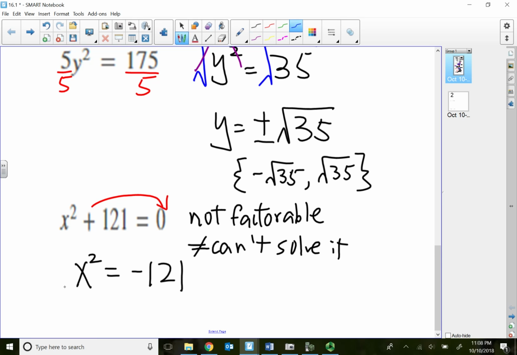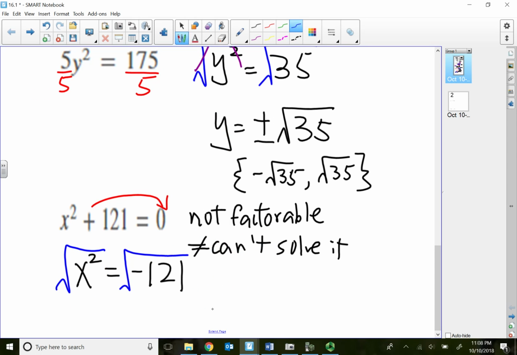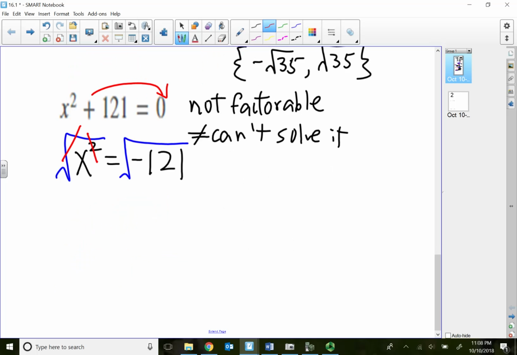Here, when we take a square root on both sides, you have to make sure this negative sign goes inside the square root. Just like right here, it says if c is a negative number, then the solution will be non-real. Now when I say square and square root cancel out, my answer would just be an x.